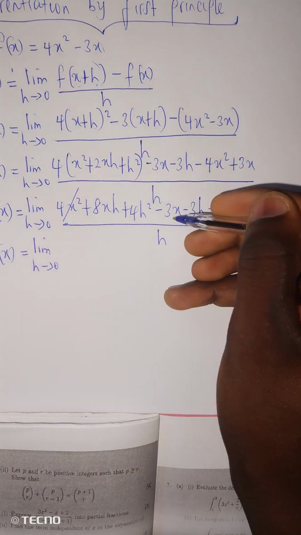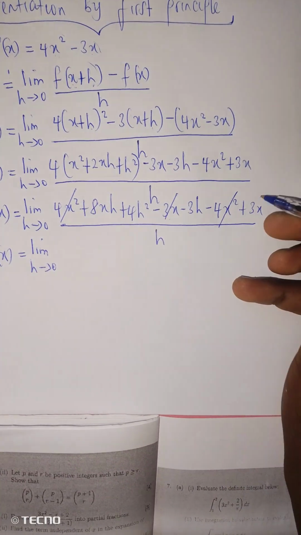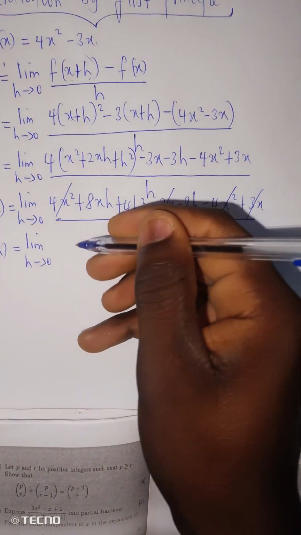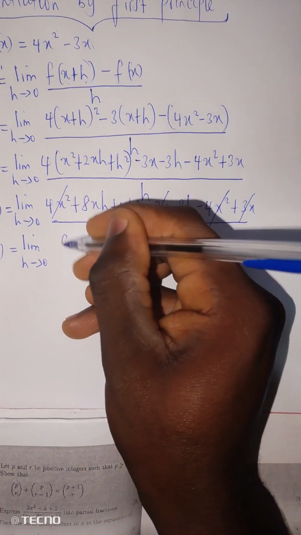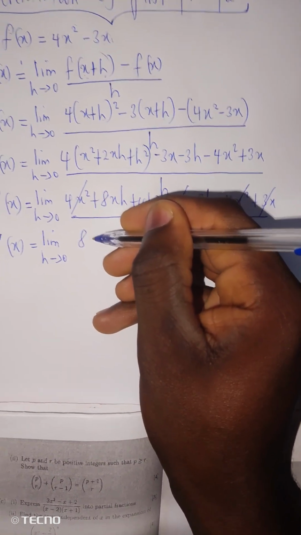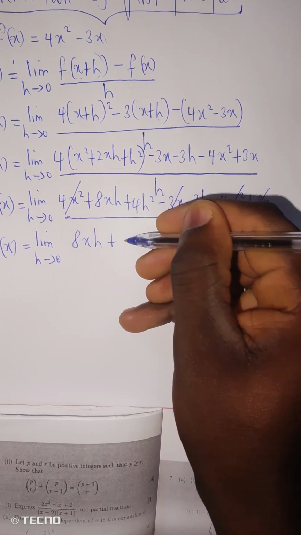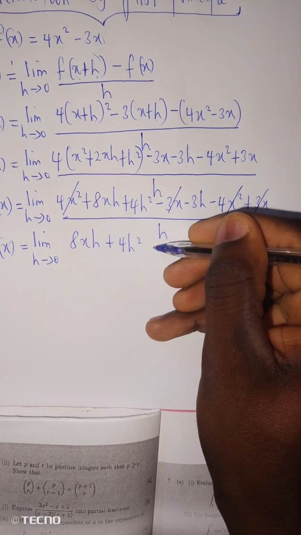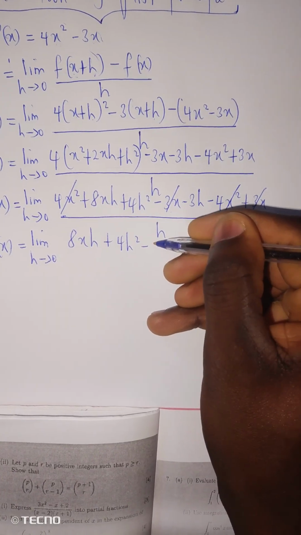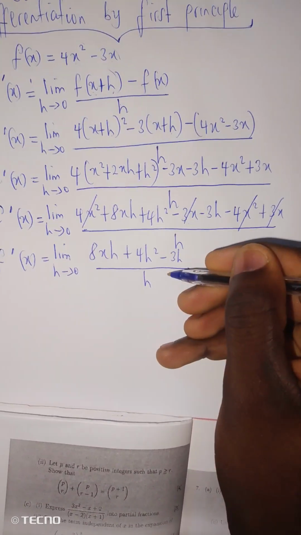And also this negative 3x plus 3x, that is 0 also. So I'll get rid of it. Then what I'm remaining with is just 8xh, then plus 4h squared, then what else, minus 3h, over h.